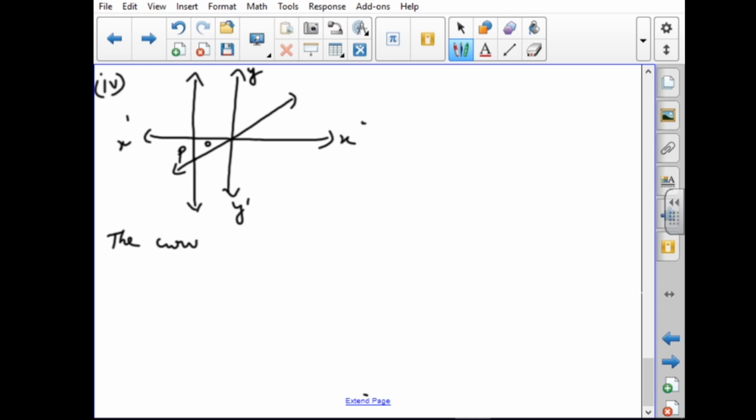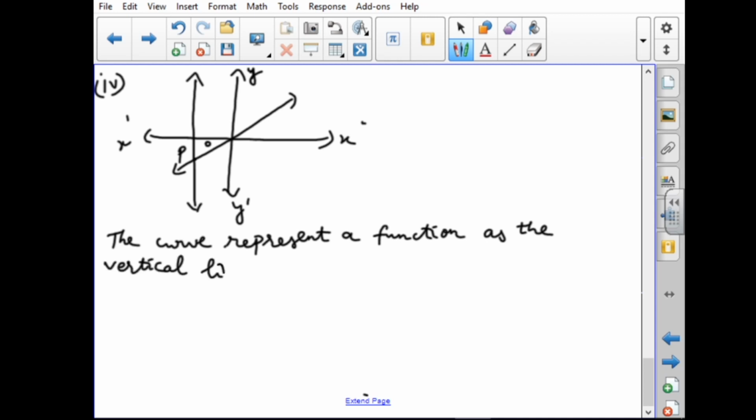The curve represents a function as the vertical line meets the curve in at most one point, P.